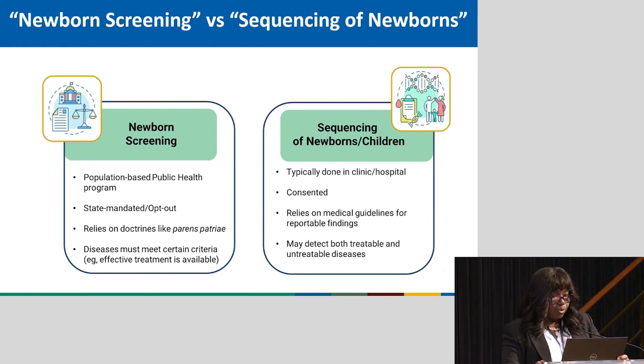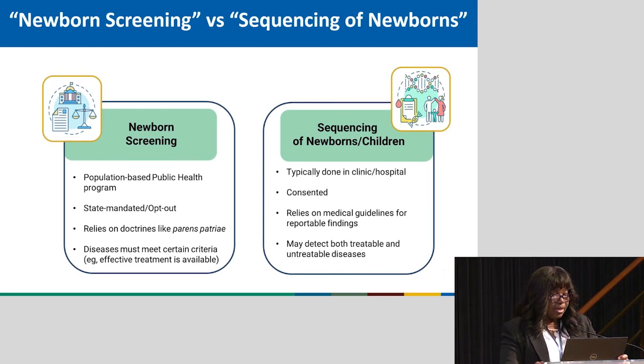In the US, this program is mandated and uses an opt-out model. To justify the mandate, we rely particularly on a legal doctrine known as parens patriae, which allows the state to be regarded as the legal protector of citizens who are unable to protect themselves, in this case, newborns.